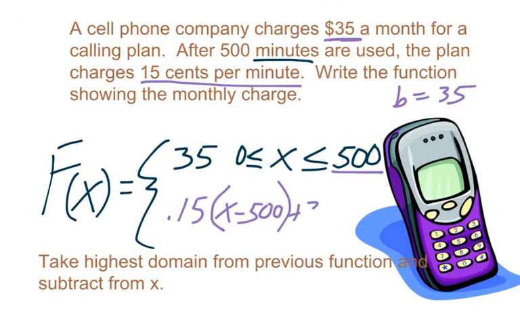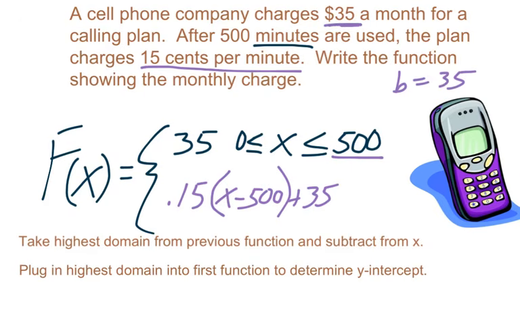So plus 35. So again, I plug in the highest domain, the 500, back into the first function, and that gives me the y-intercept for the second function. So that's where this 35 came from.